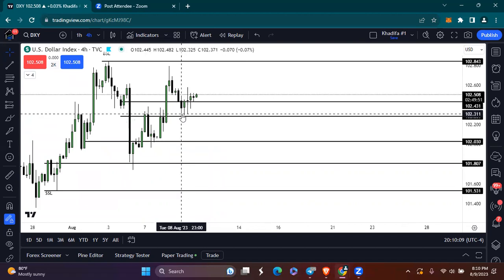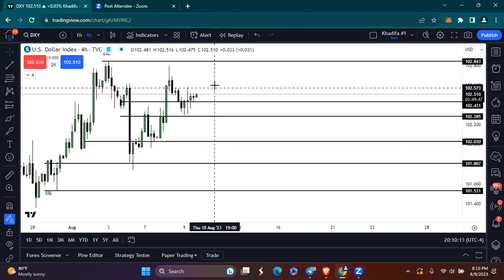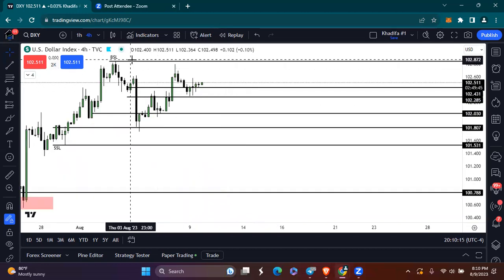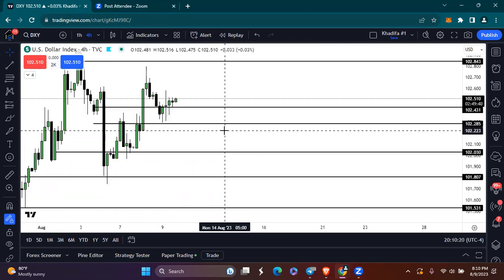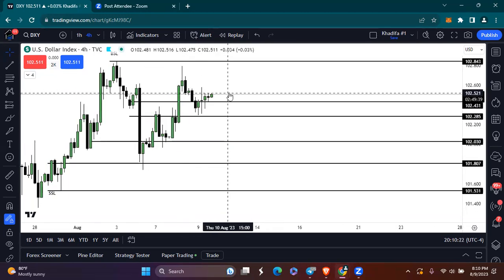This was a good pullback down into this PD array. I like that. So my bias is still my bias. I want to see us run that buy side liquidity. However, you have to be aware of order flow and you have to roll with the flow.